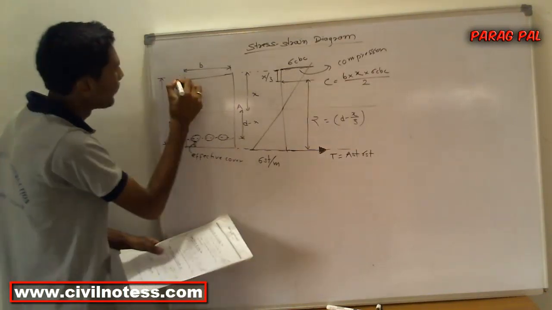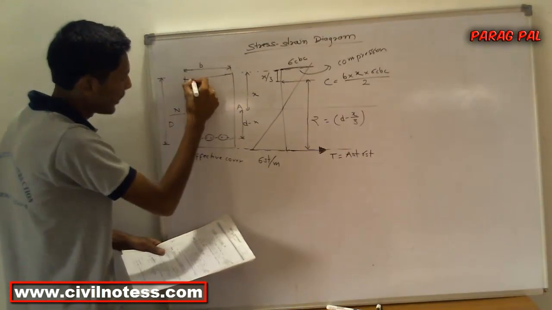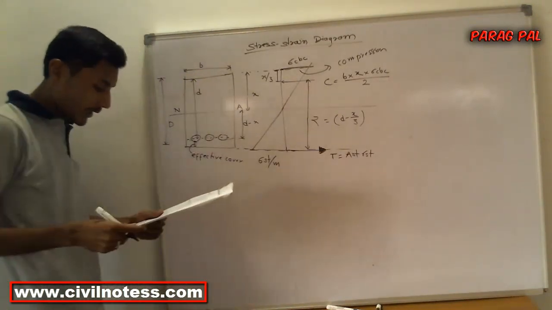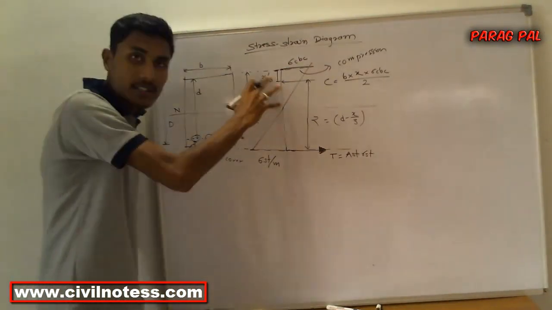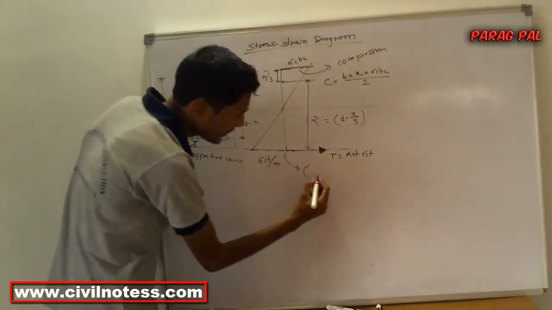And from this point, I'm really sorry if my diagram is not so good. From this to here it is small d. So now, this diagram, especially this diagram, is called the equivalent stress diagram.